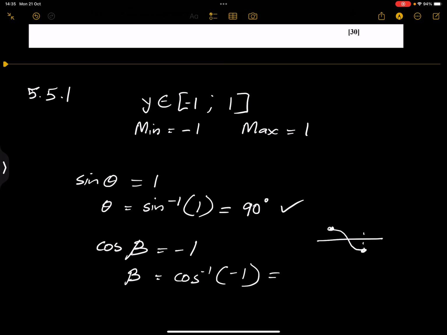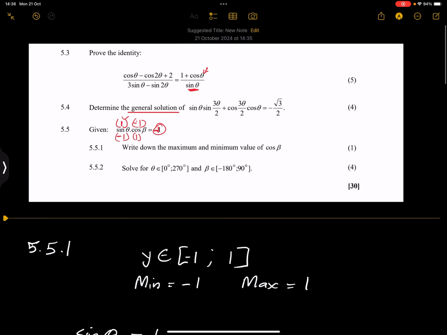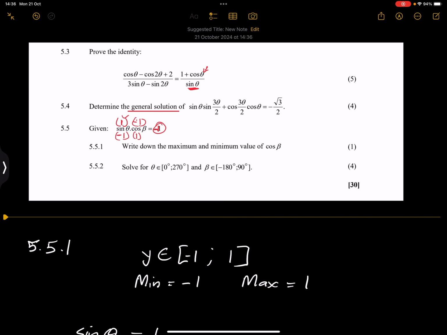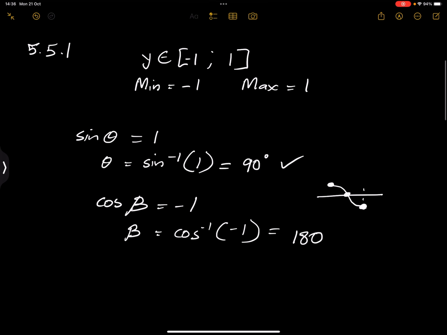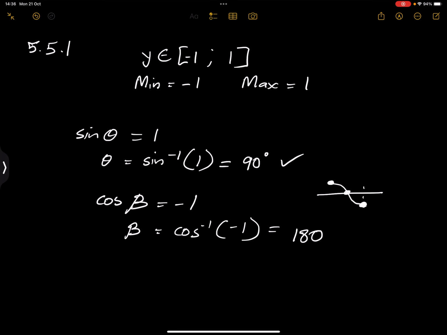That would be 0, that would be 90, that would be 180. So definitely this would be 180. But remember that they did say that beta must be between -180 to 90. When we solve for the cos graph, we always say plus or minus 180, which means I'm going to take the negative value. So beta is -180. That's part of our solution.